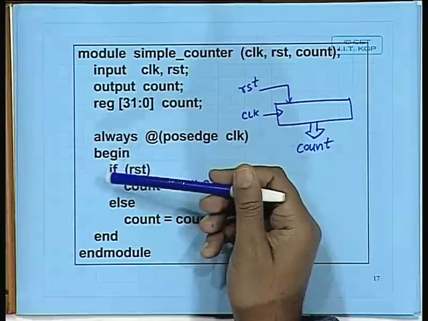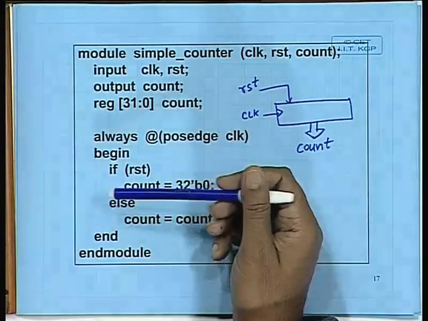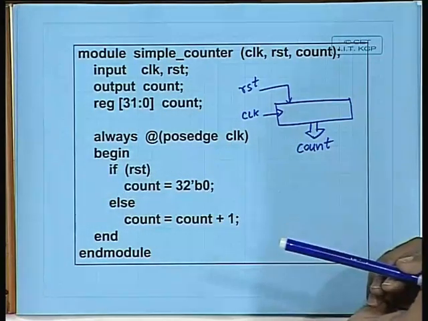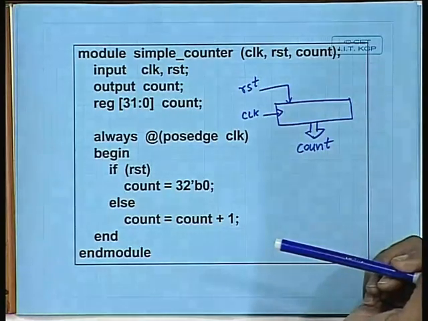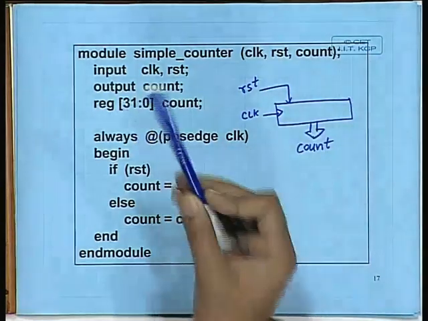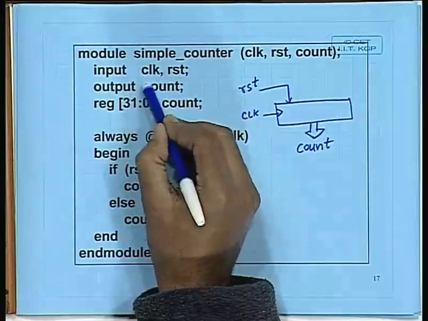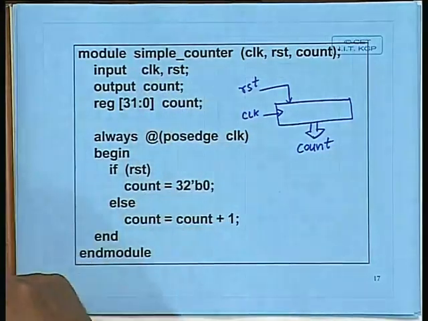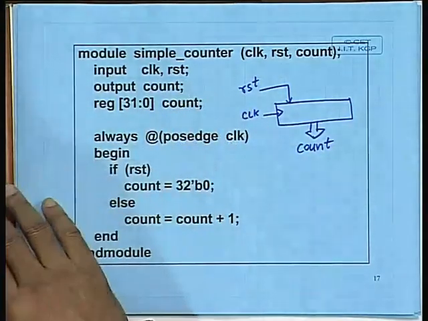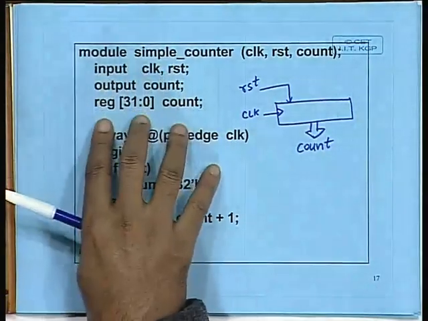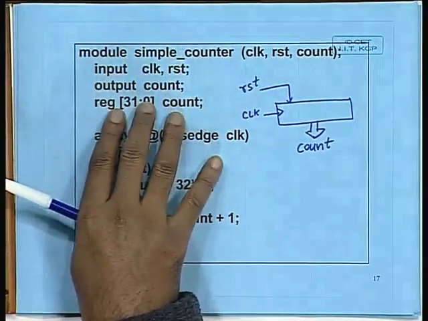That option you have. You can also specify here output [31:0]. I have written this just to show you that it is possible to write like this.